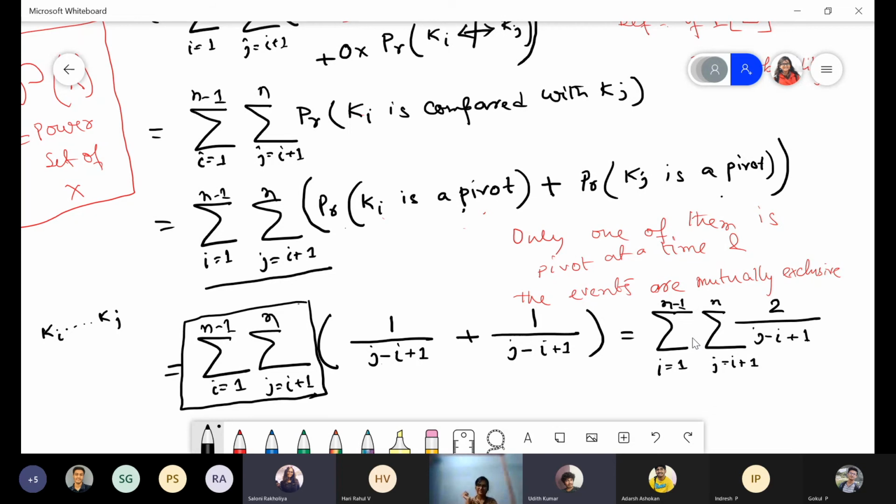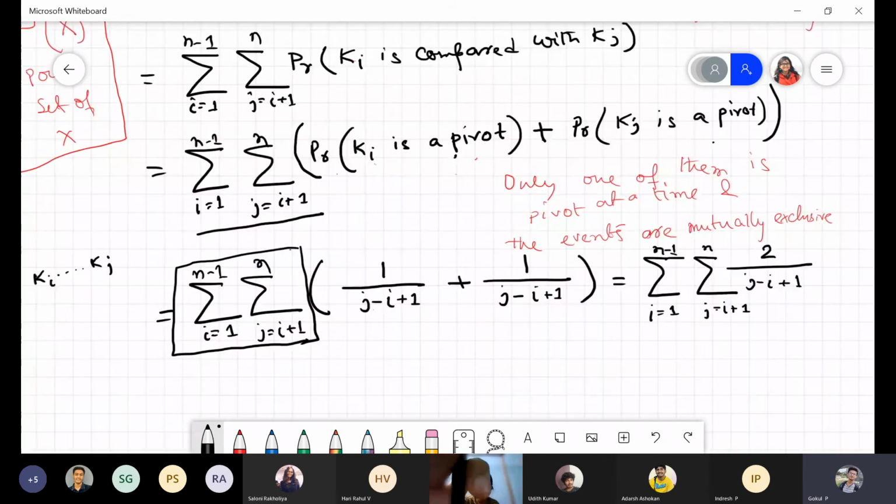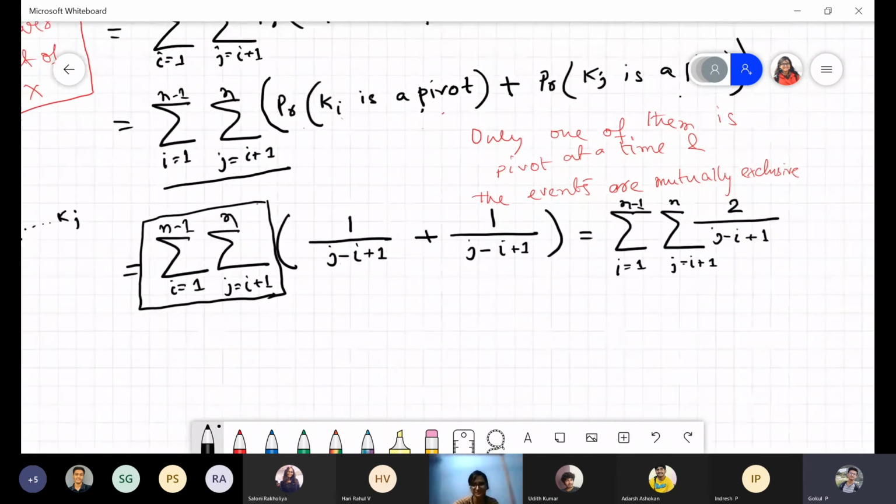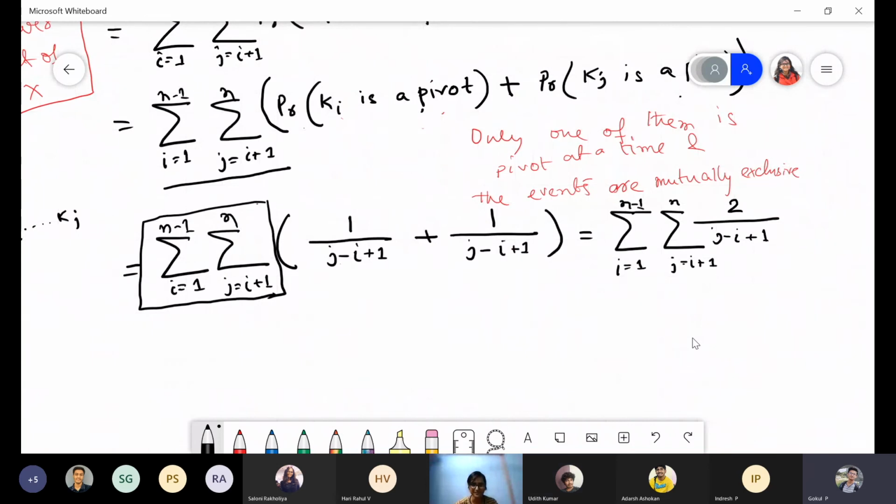Ma'am, maybe you can give an example with i and j in some array. How do I give an example? I don't know.